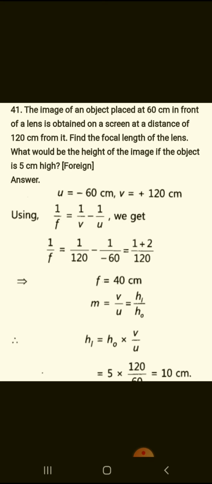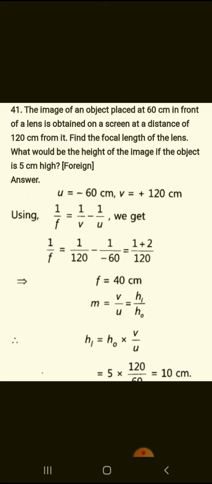First of all, since we have a lens, we will use the lens formula: 1 upon f is equal to 1 upon v minus 1 upon u. v is given to us as 120 centimeter. We will keep the values of v and u with their signs. When we solve it, we get f is equal to 40 centimeter.